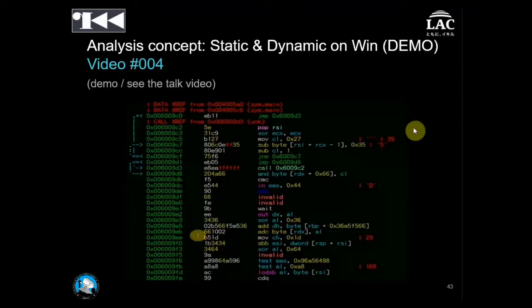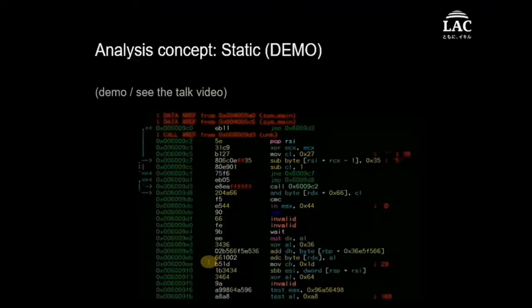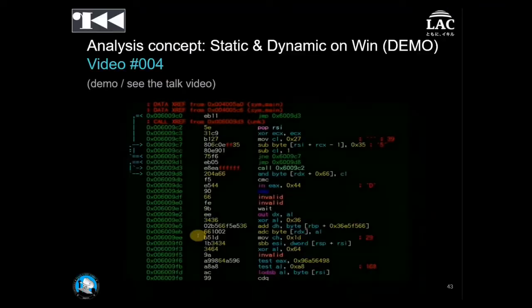And for that, we go to the next static and dynamic analysis for Windows in demonstrations. In these demonstrations, you will refer to video number 004, and we will see it soon. So the next demonstration is about the mystery shellcode binary, which is used for this practice of static and dynamic analysis in Windows 32 bits.